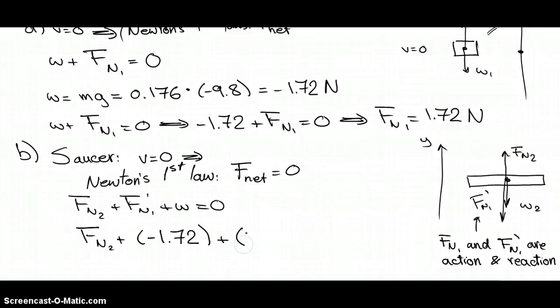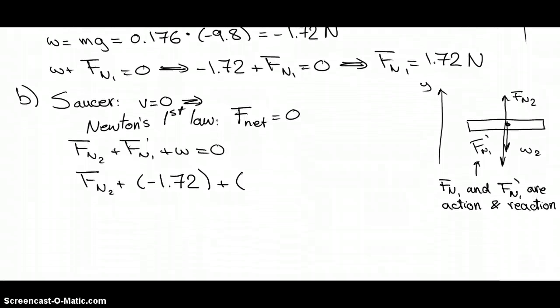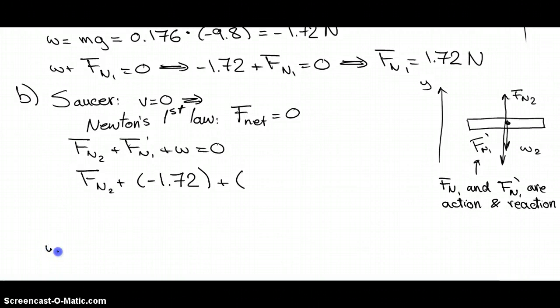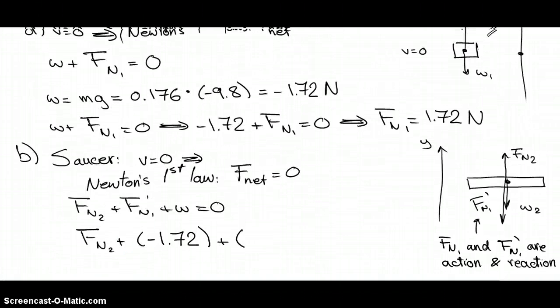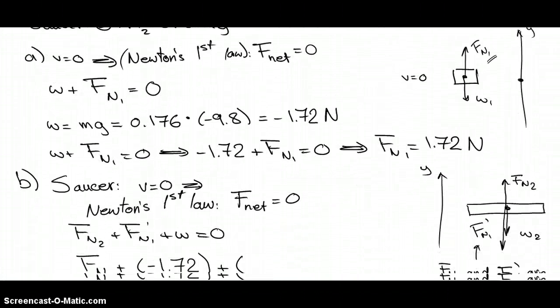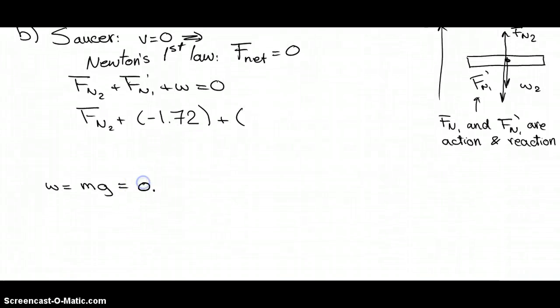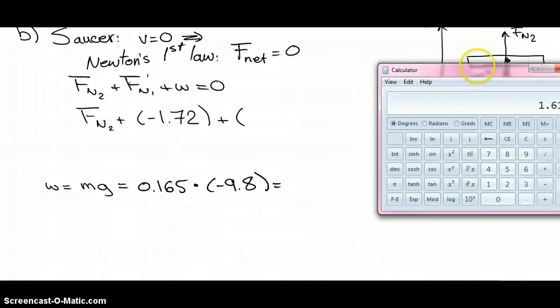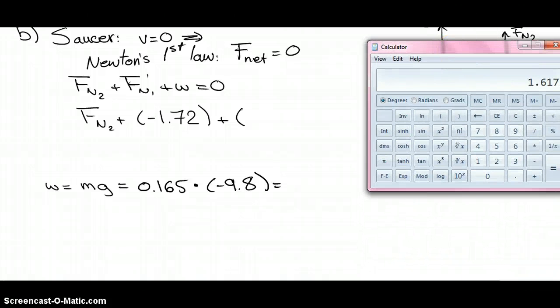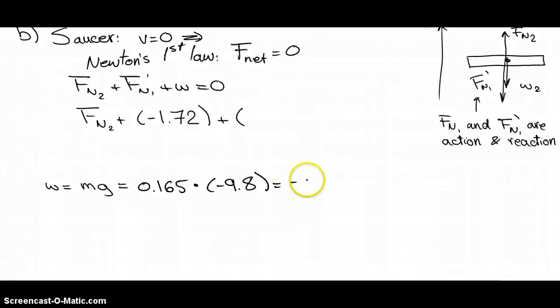Plus W. W, I don't have it, so I need to go back and prepare it. W is equal to mass times gravity. It is equal to what? They gave me the mass. The mass is 0.165 times the gravity, negative 9.8, and I find my answer to be negative 1.62, of course, newtons.